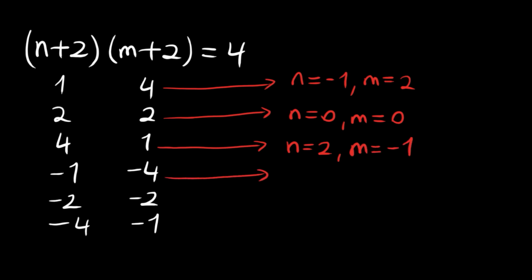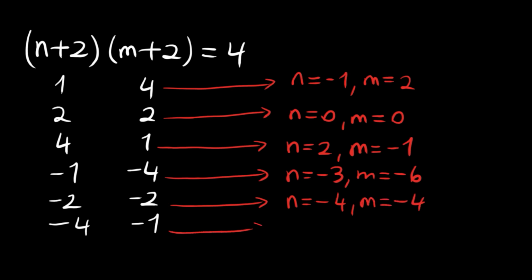Here we will have n is equal to negative 3 and m is equal to negative 6. Here we will have negative 4 and negative 4. And lastly, we will have negative 6 for n and negative 3 for m.